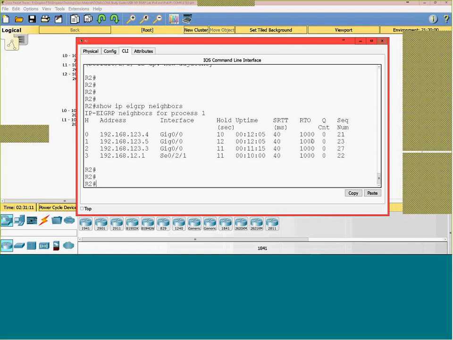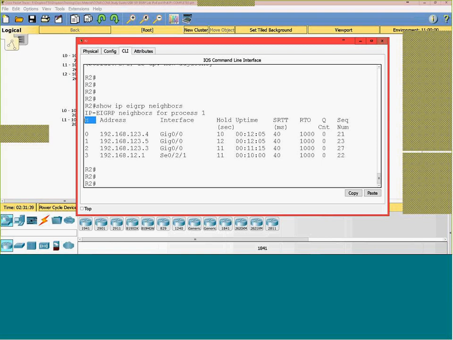Router 2 should have 4 neighbors, 3 on the Ethernet side and 1 on the serial side. The first column that you see here, which has an H above it, is called the host index column.